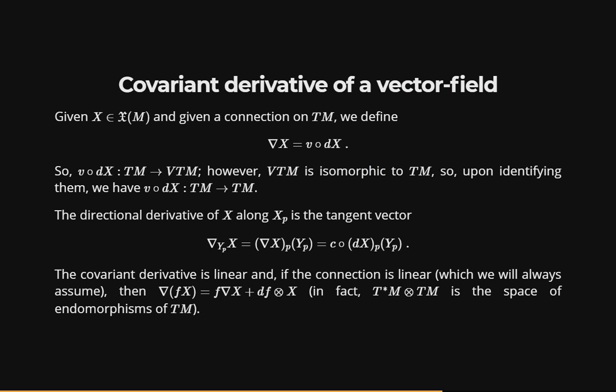So now it makes sense, I hope, that the differential of f tensor the vector field, a section of T star tensor a section of T, gives you an endomorphism of TM. And now this is a sort of Leibniz rule, which you want to have for something which is a derivative.